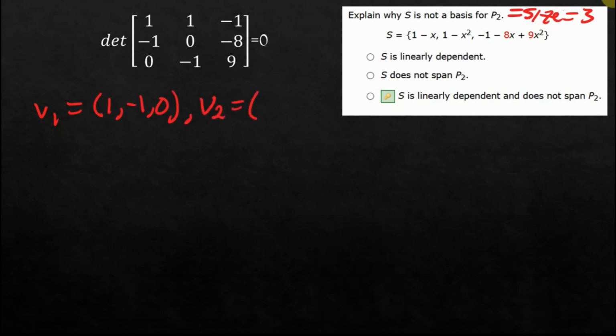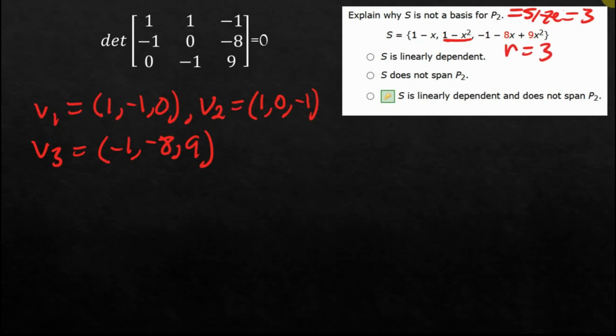V sub 2 is 1 comma 0 comma negative 1. And then V sub 3 is negative 1, negative 8, and 9. Well, there's 3 of them. Good. R is equal to 3.